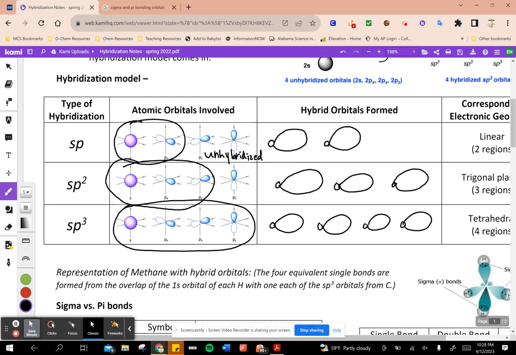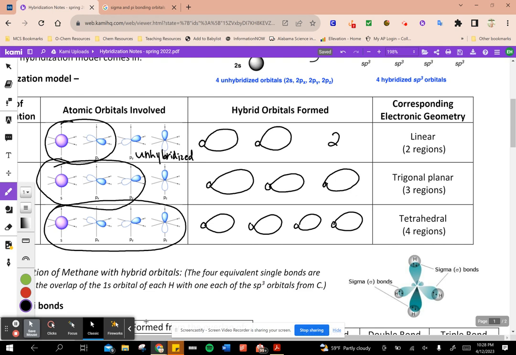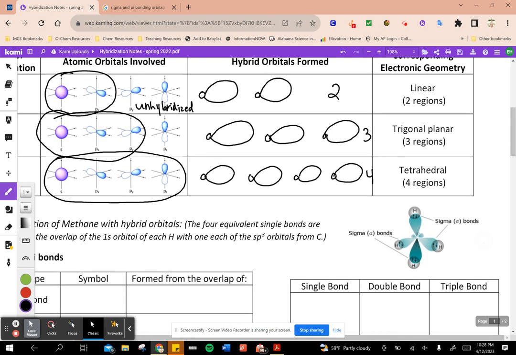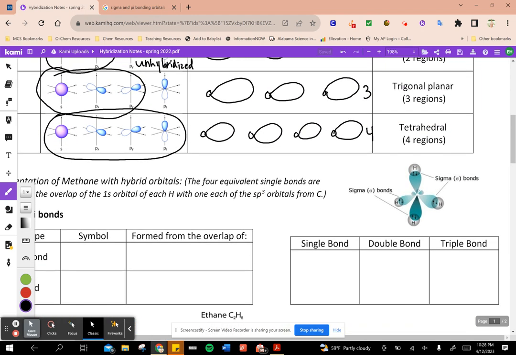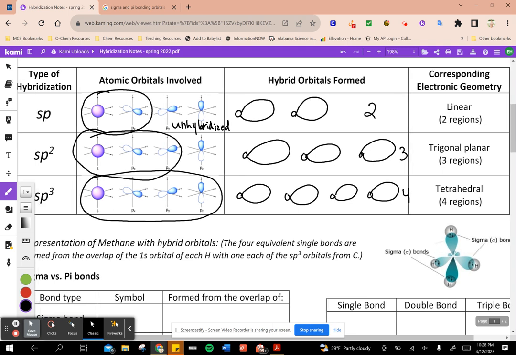The number of new hybrid orbitals formed, 2, 3, and 4, corresponds with the electronic geometries you would have learned about in Chem 1: linear, 2 regions; trigonal planar, 3 regions; and tetrahedral, 4 regions. When we were using that chart, you may not have noticed, but it actually has a little note on sp, sp2, and sp3 hybridization written into it. So those line up, if you will, with VSEPR theory.